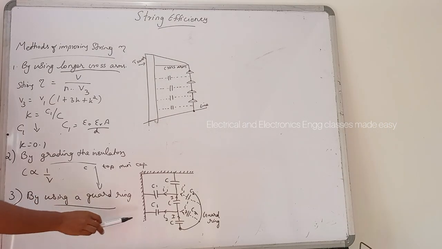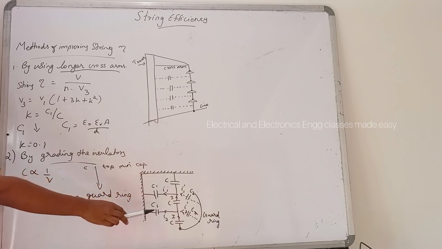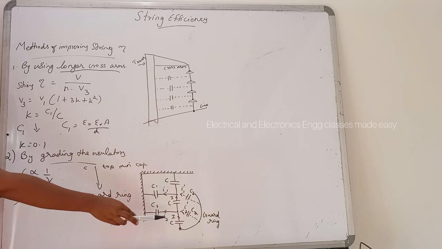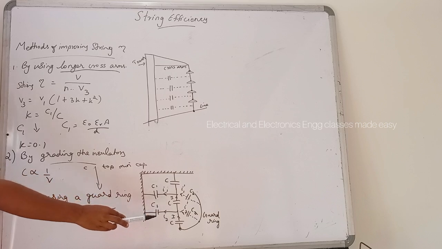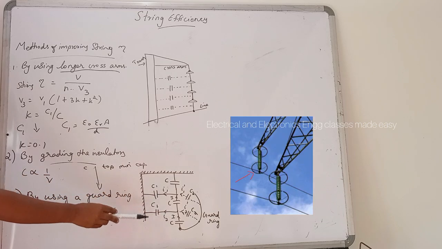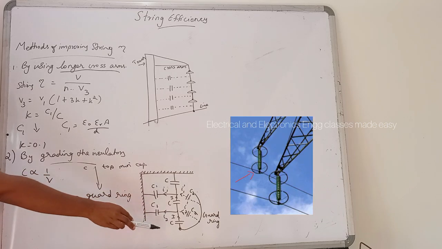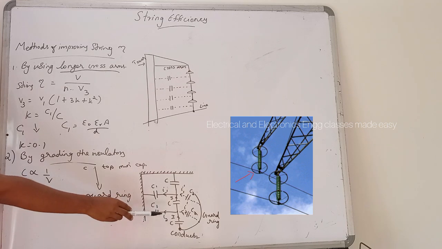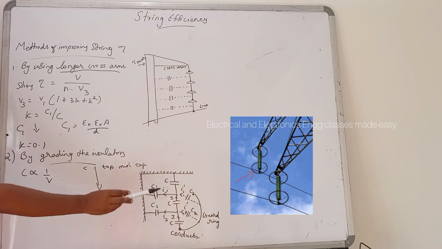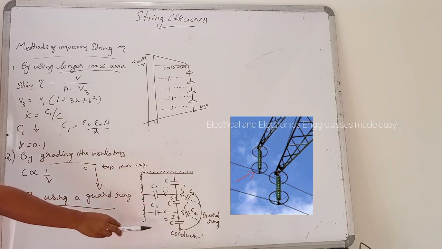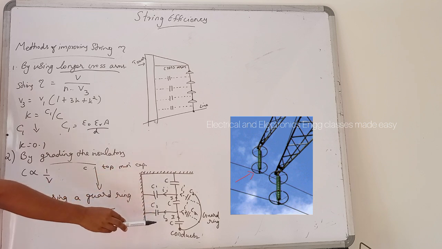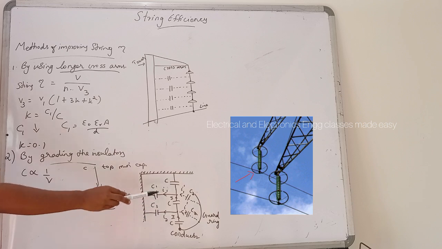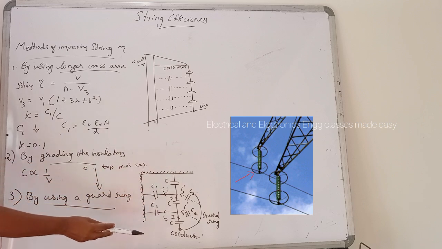The potential across each unit in a string can be equalized using a guard ring, which is a metal ring electrically connected to the conductor and surrounding the bottom insulator, like this.